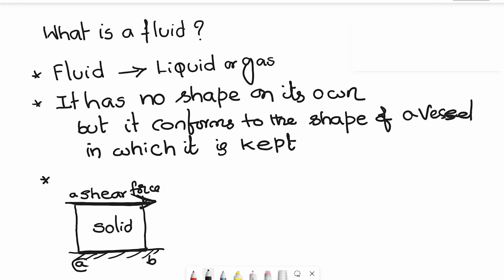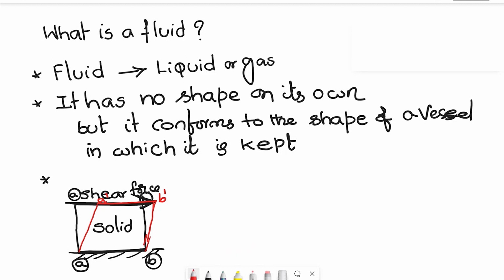This is AA and BB. So now what I observed is when I apply shear stress to it, this body deforms like this. That means instead of AA, it becomes AA dash and BB has changed to BB dash.